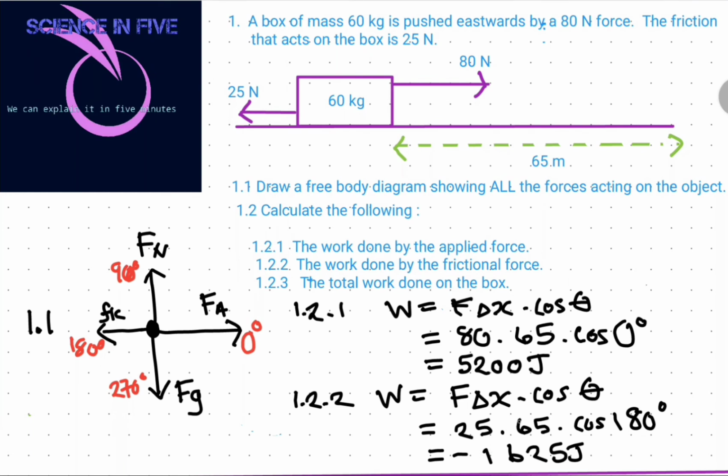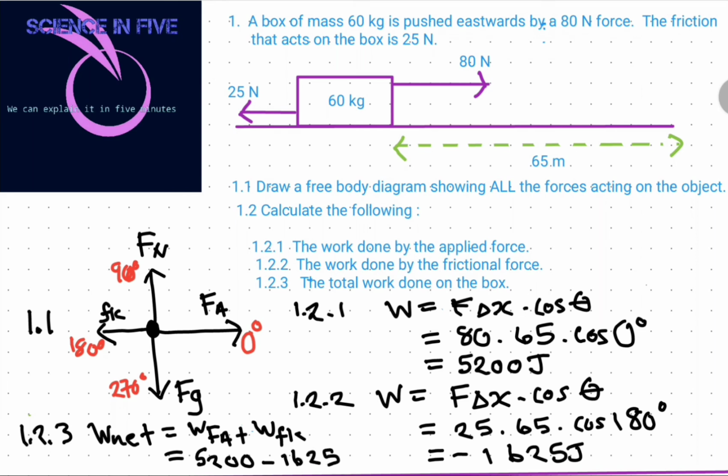All right. So then the last question was 1.2.3, where we now need to work out the total work or the net work done. We already know that the work done by the normal force and the gravitational force is zero. They're acting perpendicular to the direction of motion. So in this case, the total work done will be the work done by the applied force plus the work done by the frictional force. This will be equal to 5,200 minus 1,625.